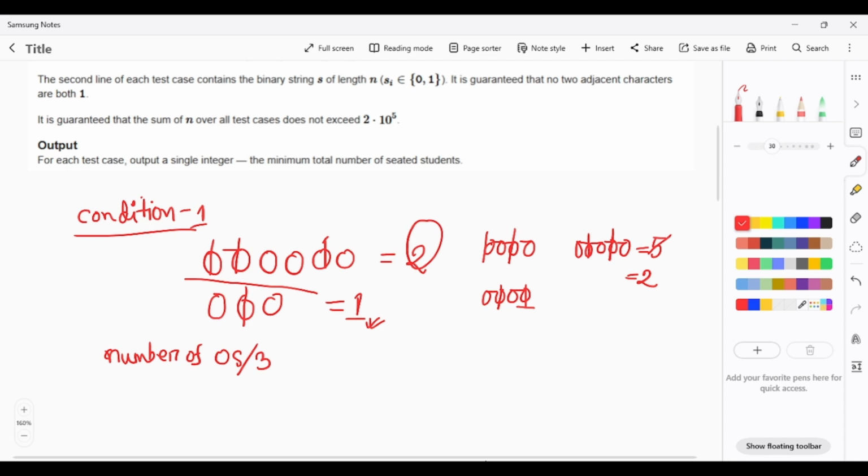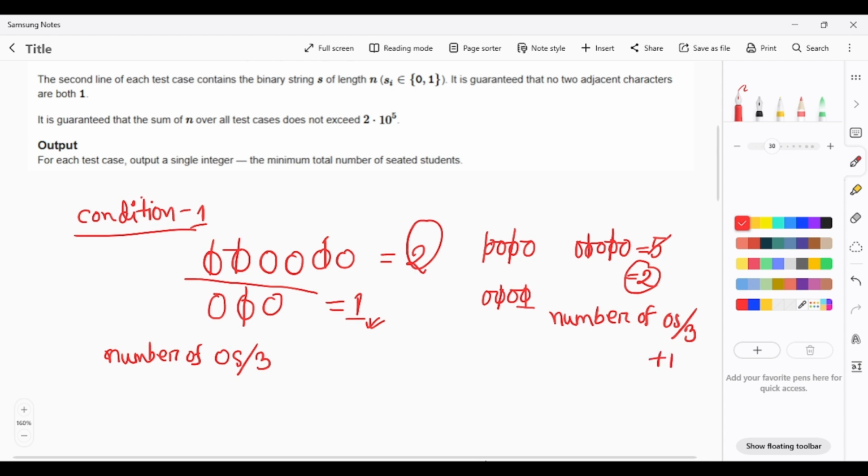So what you can observe is that this number is the number of zeros divided by 3 plus 1.